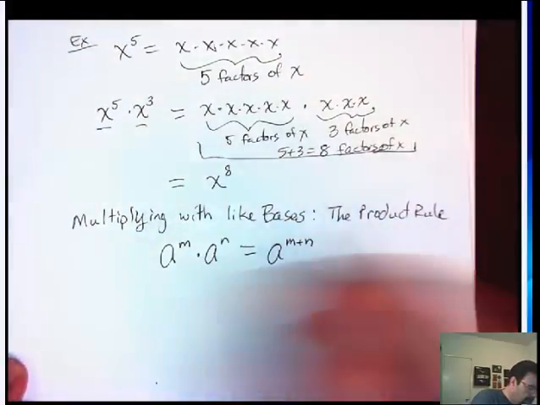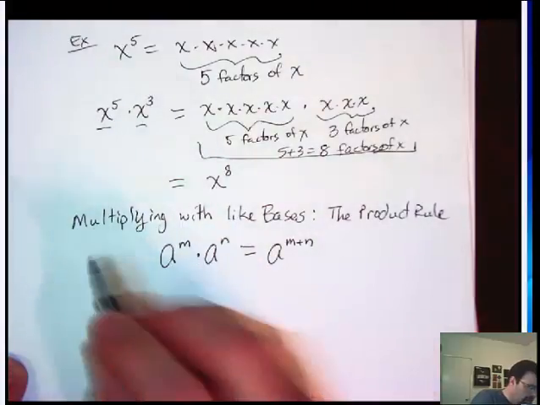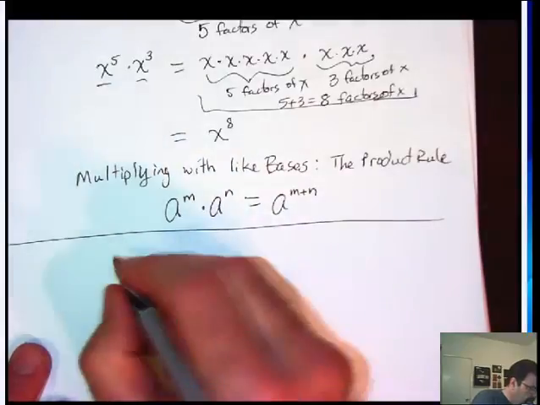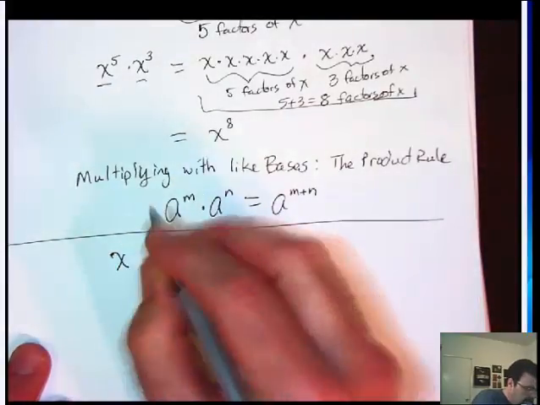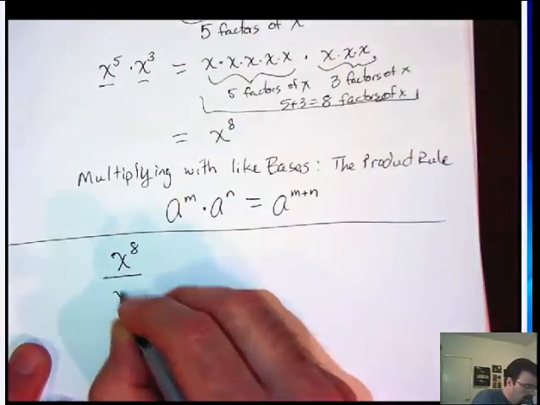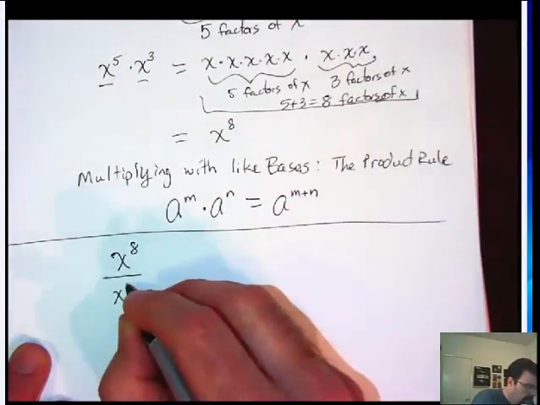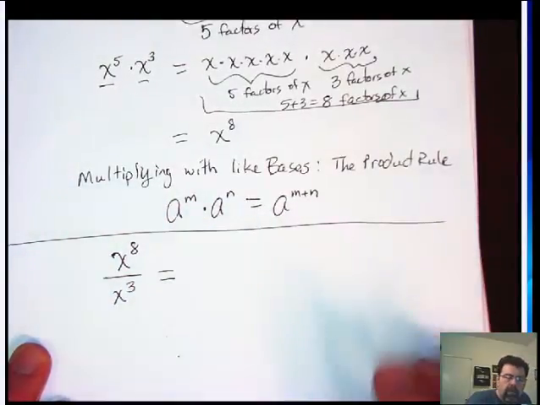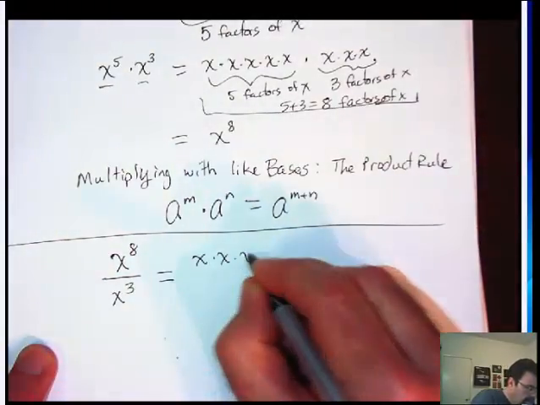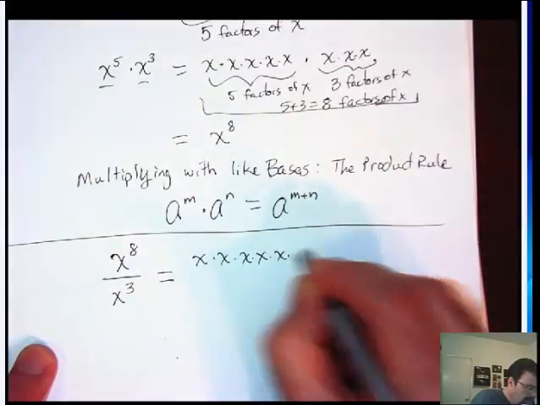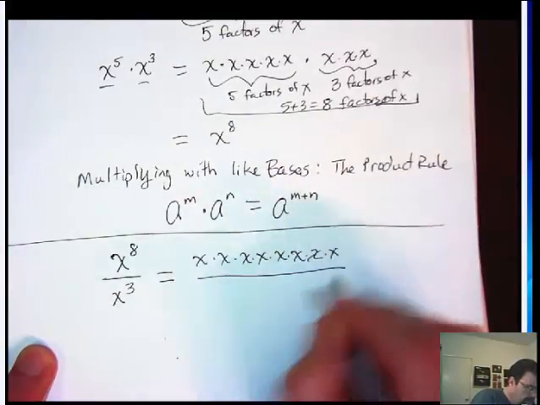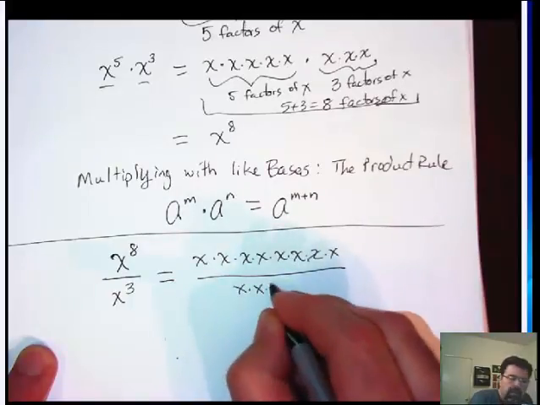Okay, the next thing then, what if we were to divide? Let's again look at something like x to the 8th divided by x to the 3rd. And on top, you're going to have 8 factors of x, 3 on the bottom.